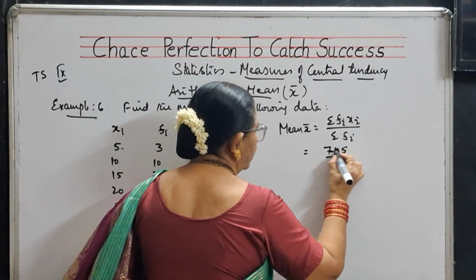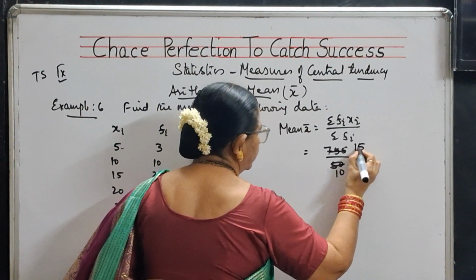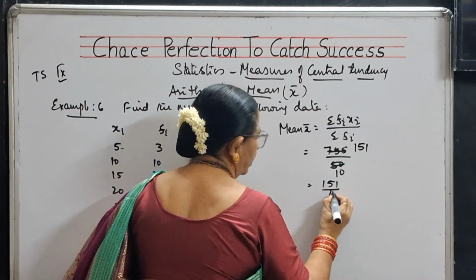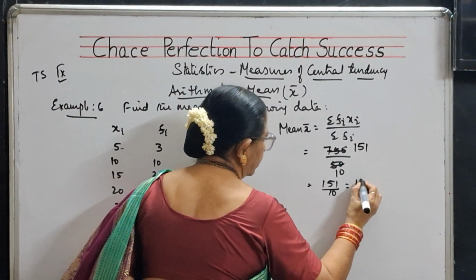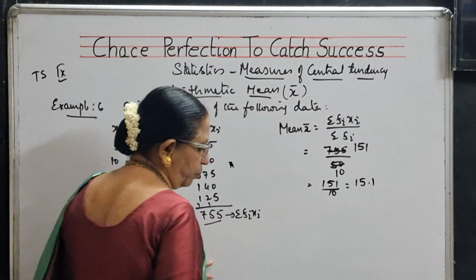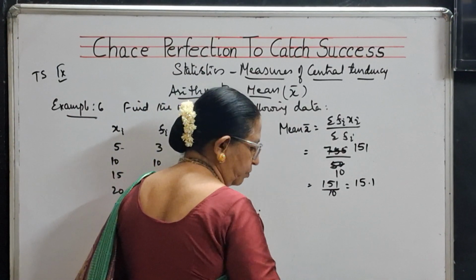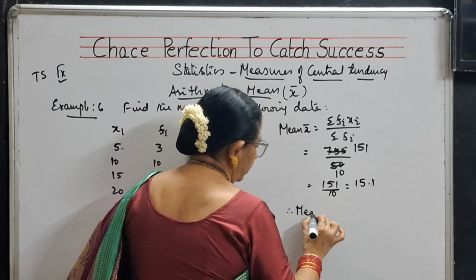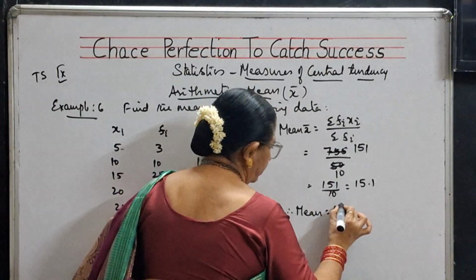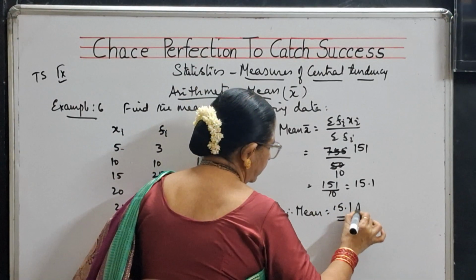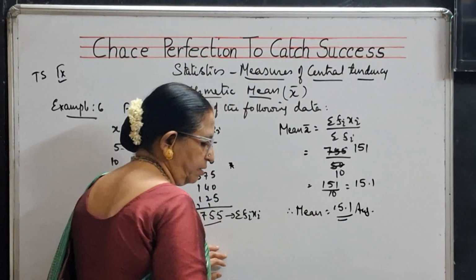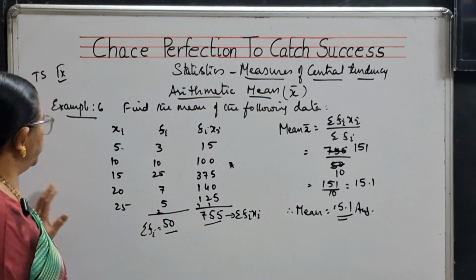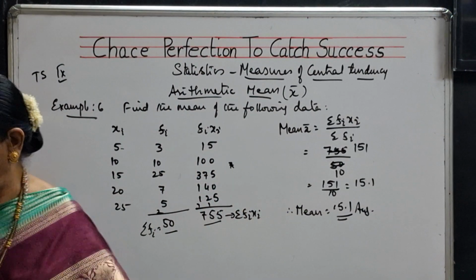So 755 by 50 is 151 by 10, which can be written as 15.1. So the question is the mean. Therefore, directly we can write mean is equal to 15.1. This is the answer, children. This is how we need to find the mean for ungrouped data. Please note it down.